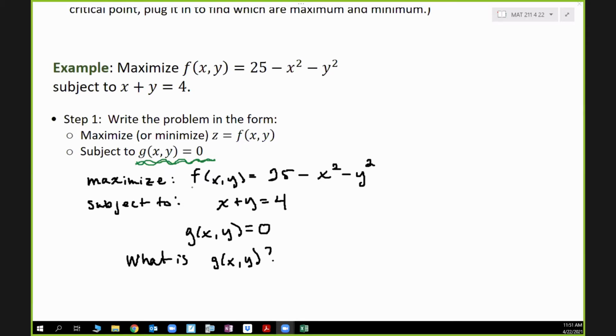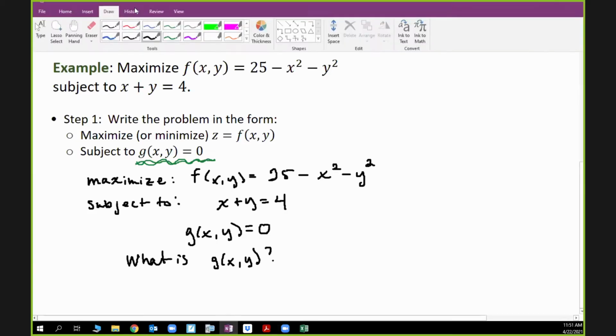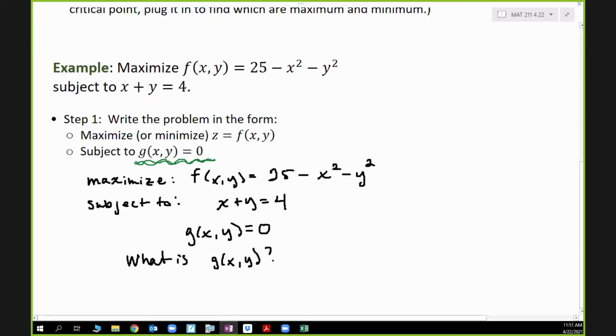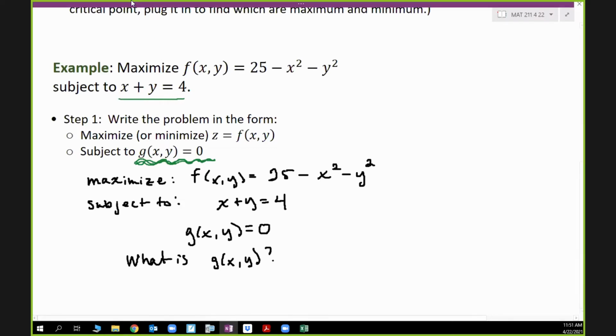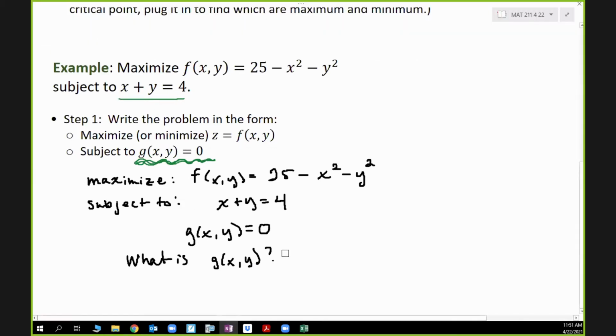So the key here is that our subject to needs to be equal to 0. So that's step 1 here, to make sure that we have a function equaling 0 based on our subject to equation that we're given. Which means, I'm just going to erase all of this for now and rewrite it.